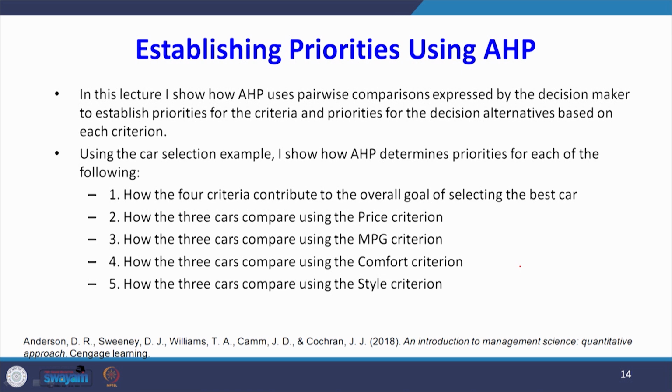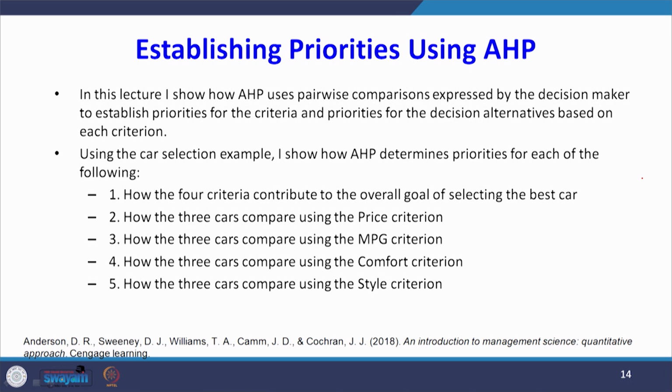Okay. Using the car selection example, I show how AHP determines priority for each of the following. Number 1, how the 4 criteria contribute to the overall goal of selecting the best car. So, we have to prioritize. There are 4 criteria, which is most important? What is your preference? What is your weightage for these 4 criteria?